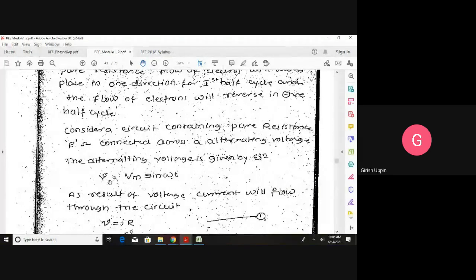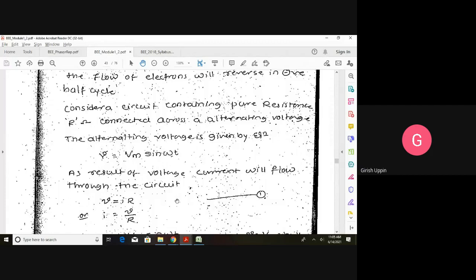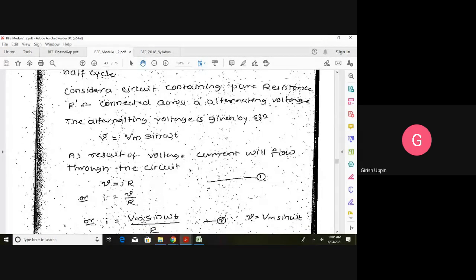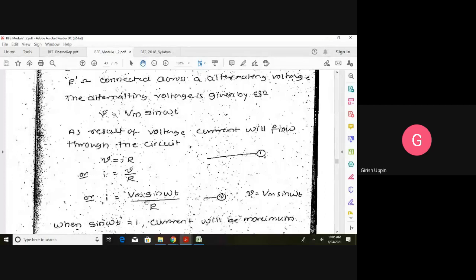So if we apply V is equal to Vm sin omega t, and from Ohm's law we know that V is equal to, see, this is the instantaneous value of the current. V is equal to IR, and instantaneous current I is equal to instantaneous value of the voltage divided by R. And V value we already know.